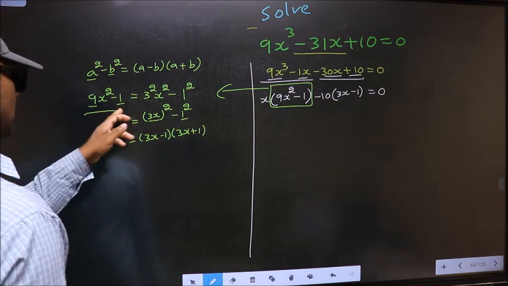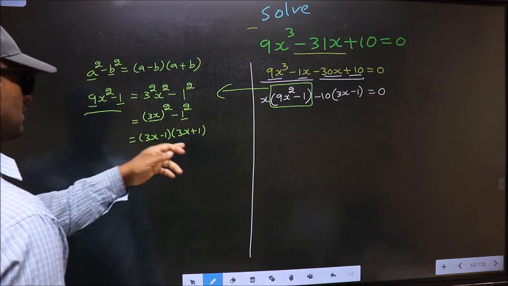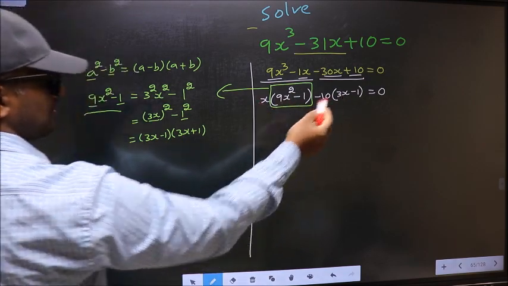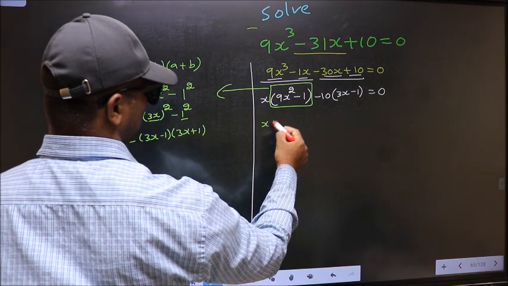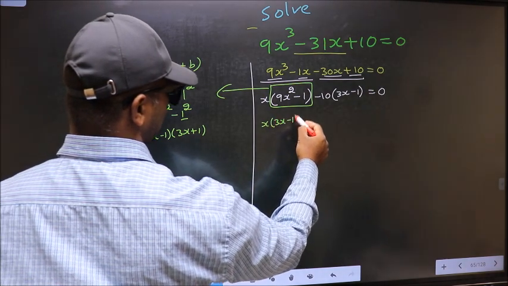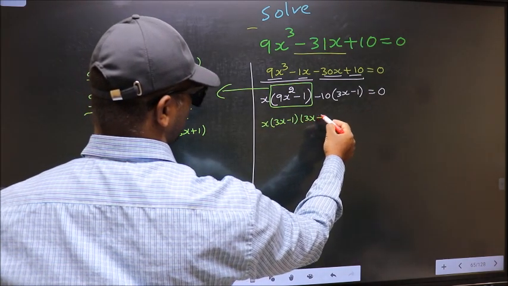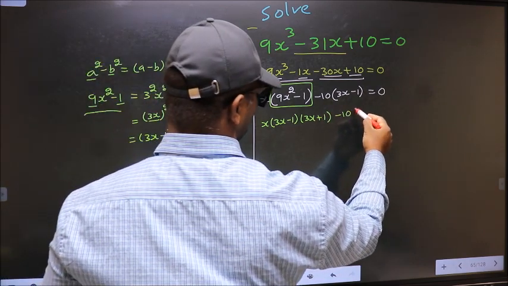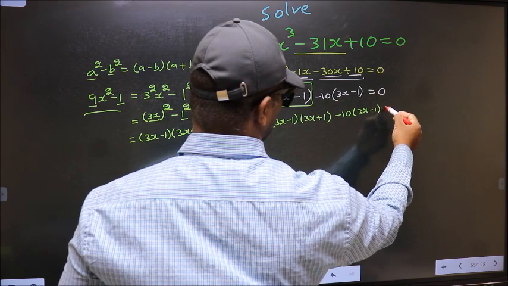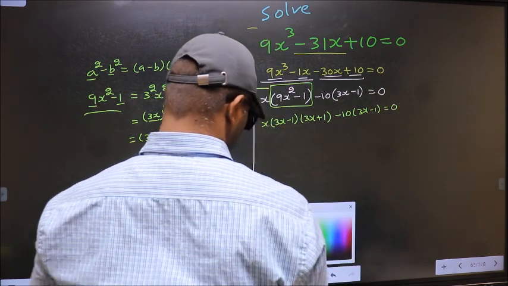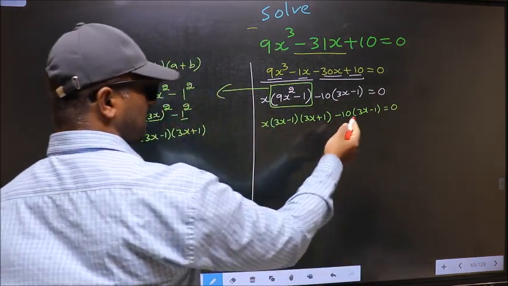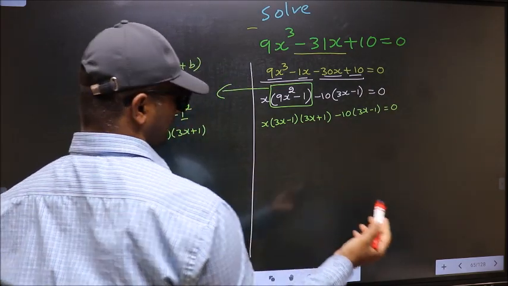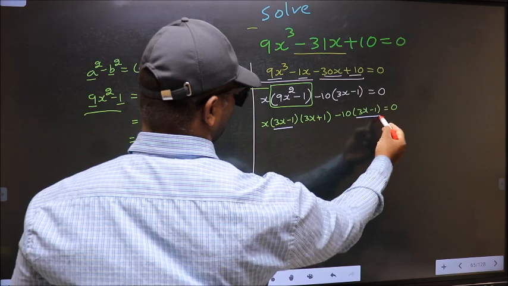Now in place of this quadratic we write this over here. So this equation becomes x(3x - 1)(3x + 1), this no change, equal to 0. Now from this entire equation, what can be taken out common is 3x - 1.